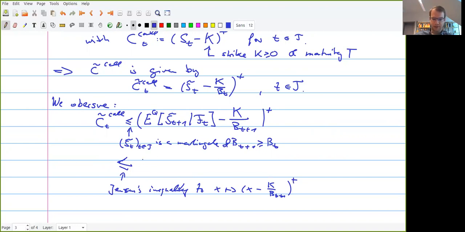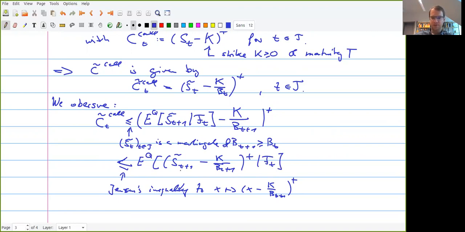So let's pull it in. So I have the conditional expectation of the discounted price at time t plus 1 minus K divided by B_{t+1}, plus, conditioned on F_t as before.